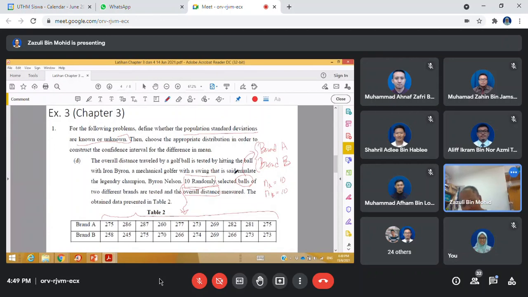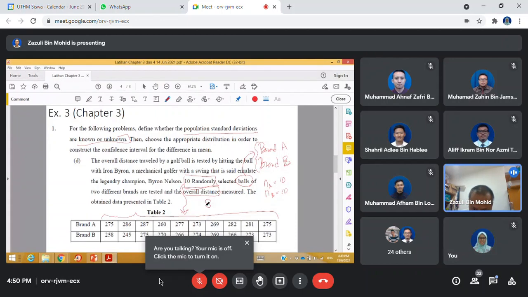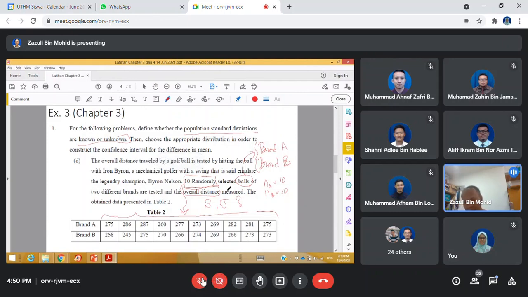Okay. Now, do we know the S or sigma? Tahu tak ni? Boleh tahu tak? Data dia bagi tu. Tak.